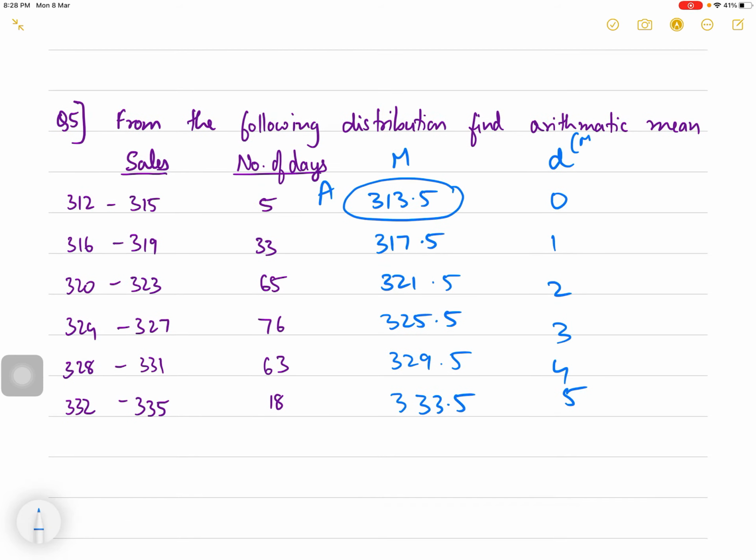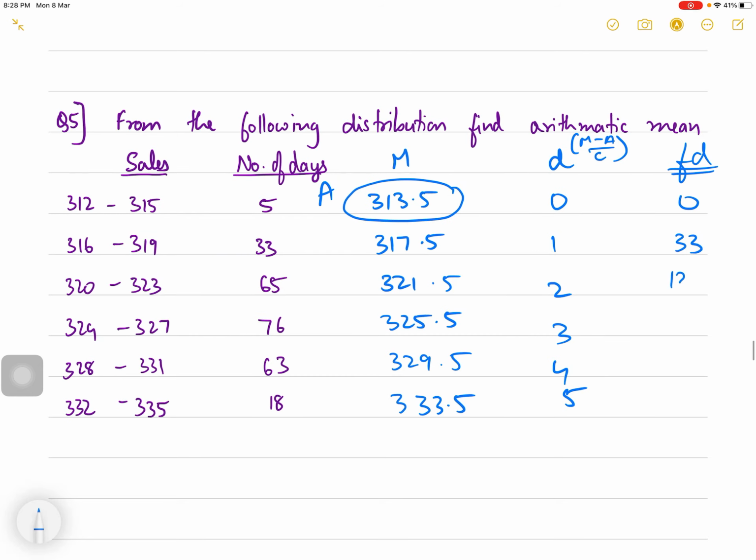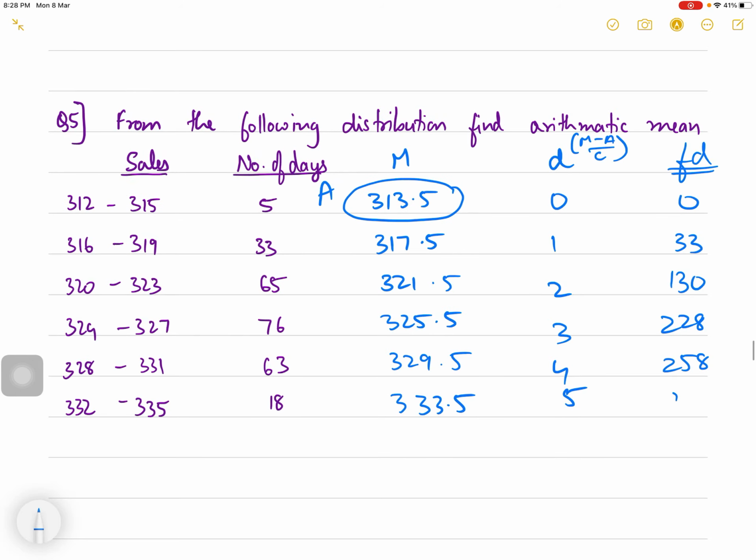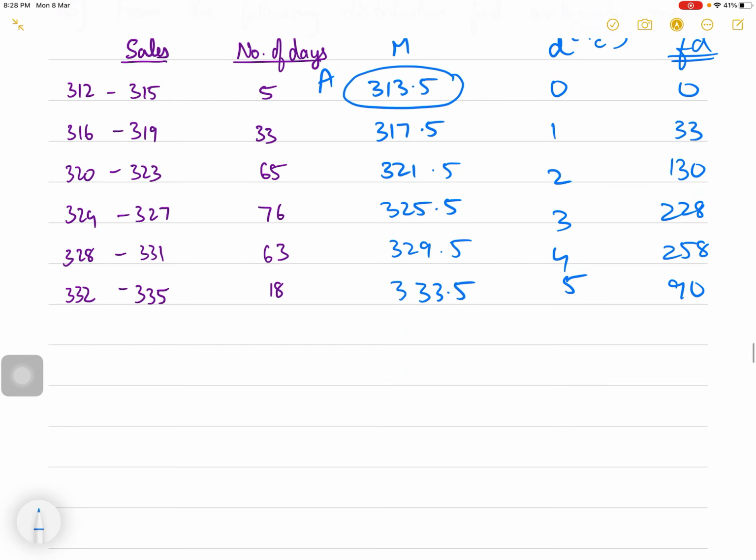Because D is M minus A divided by C. Okay, and FD. So F into D. 5 into 0, 0. 33 into 1, 33. 65 into 2, 130. 76 into 3, 228. 63 into 4, 252. 18 into 5, 90.